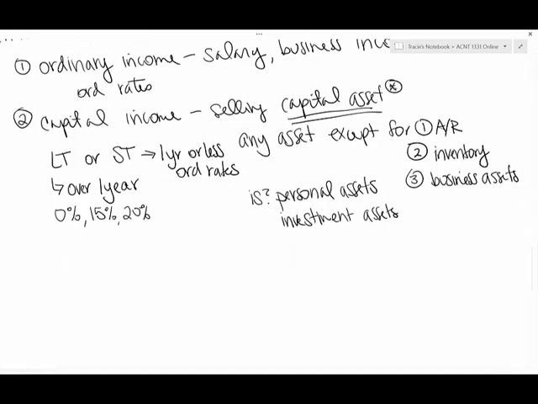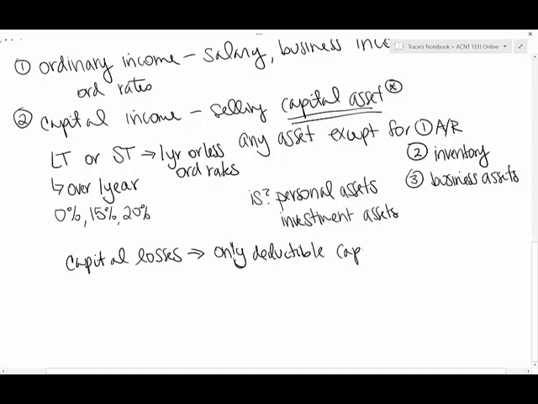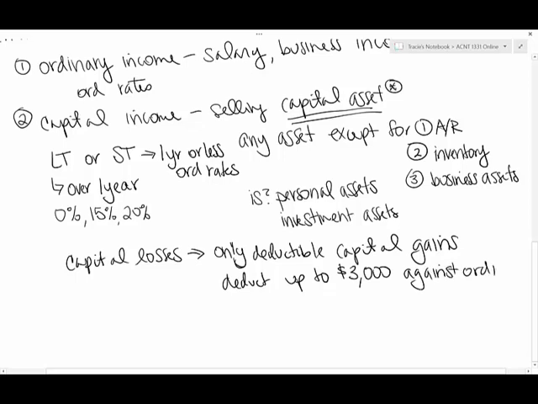Now, when we have a capital asset, if we have capital losses, there are special rules that apply to capital losses. A capital loss is only deductible against capital gains. And then you can deduct up to a maximum of $3,000 against ordinary income.